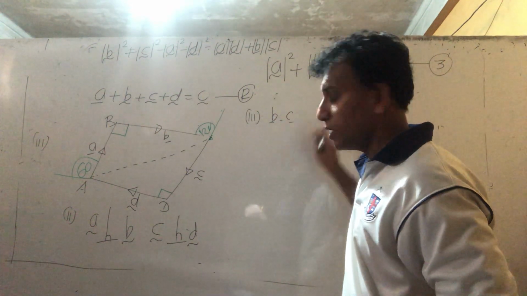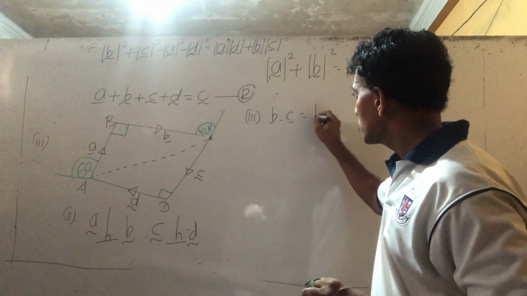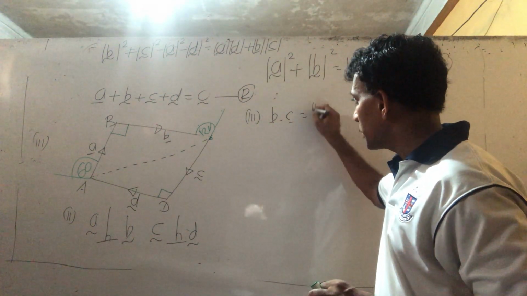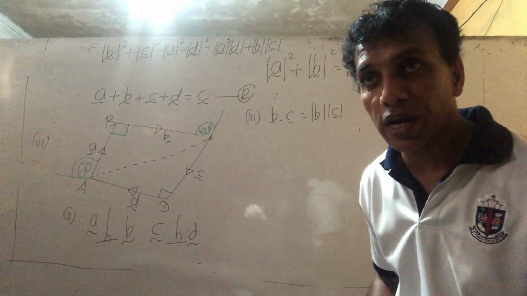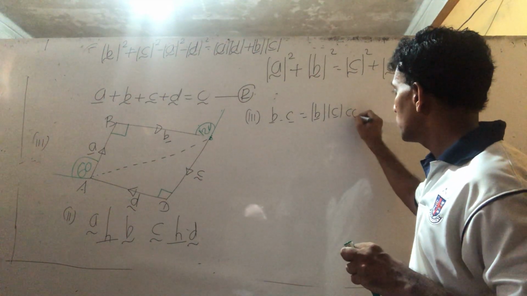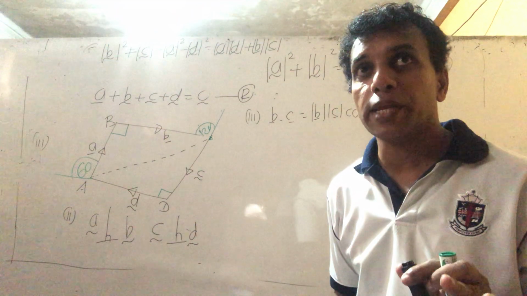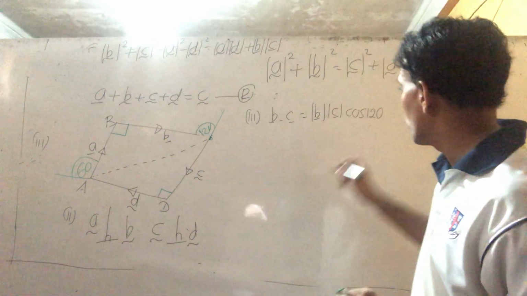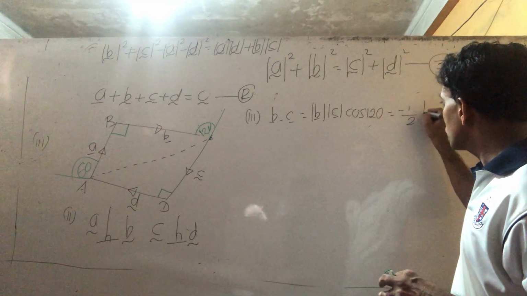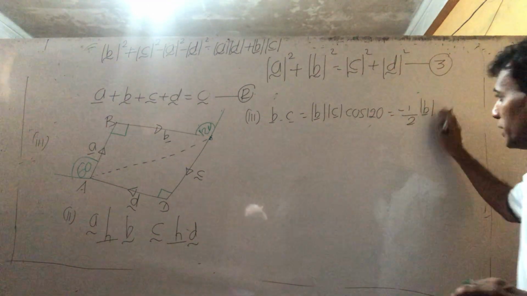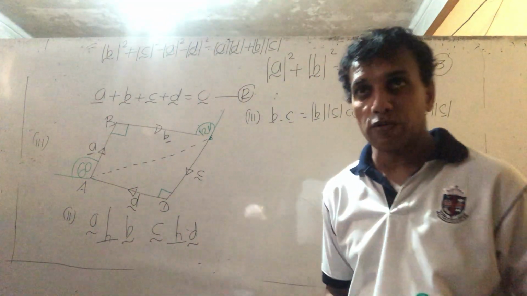B dot C, vector B dot vector C, is mod of vector B, mod of vector C cos 120. You know cos 120 is minus half, second quadrant, therefore minus half into mod B mod C. This is B dot C here, right?